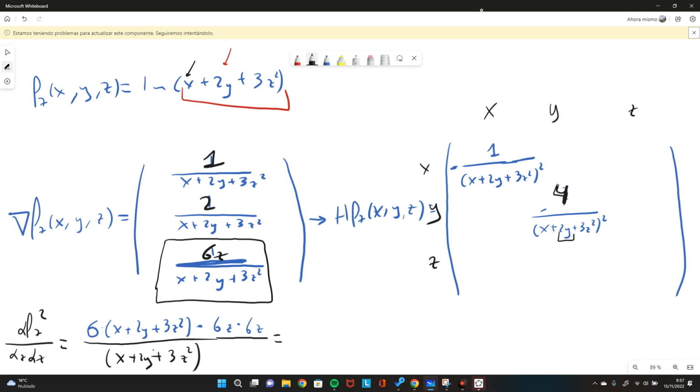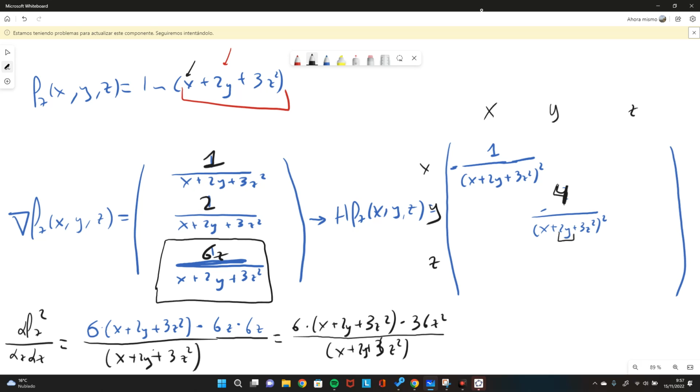And so this is just 6 times x plus 2y plus 3z squared minus 36 z squared, divided by x plus 2y plus 3z to the power of 2.